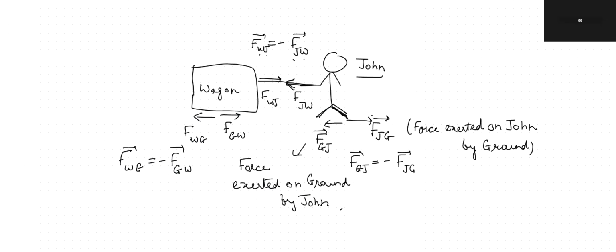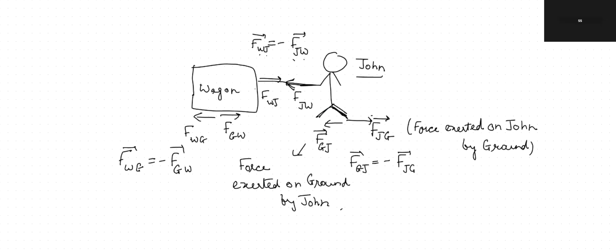So it is true that action and reaction forces are equal in magnitude, but the action force is the force exerted by John on the wagon, and the reaction force is the force exerted by the wagon on John.